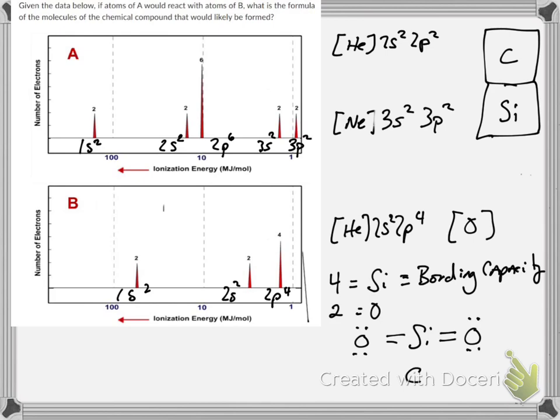So we talked about the structure of CO2. It looks like this, 2 double bonds. By doing that, we get 8 electrons around the central atom, either silicon or carbon, and the 2 lone pairs plus the 2 bonds for each oxygen contribute to 8.